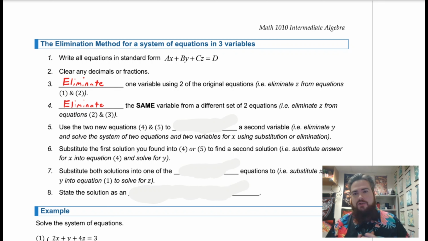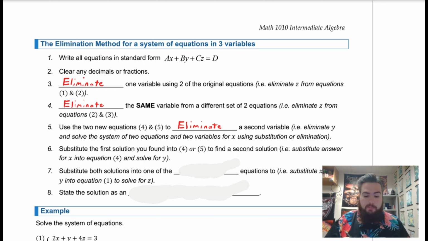Then, as you may guess, we are then going to eliminate again, but in this case we're going to be taking those new equations, which we'll call 4 and 5, and eliminate a second variable, such as y or x. Then we'll substitute that first solution, whichever one we end up finding, into that equation of 4 or 5 to find a second solution. Let's say, for example, I solved for x, then I'll plug that into either equations 4 or 5 to solve for y.